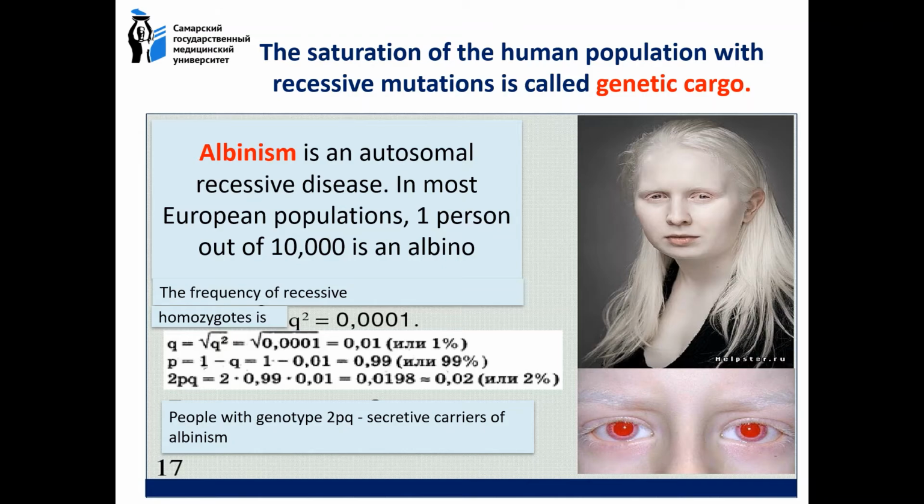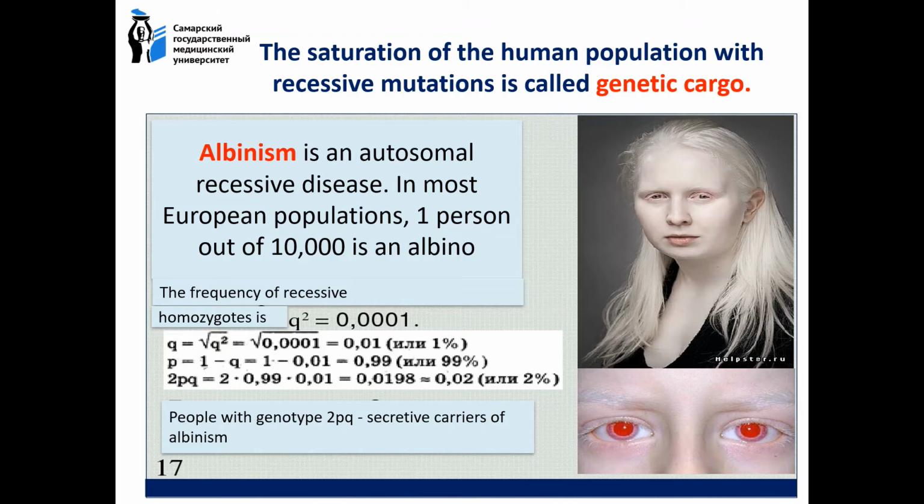So 2pq equals 2 times 0.99 times 0.01 equals 0.018198, so about 0.02 or 2%. People with genotype 2pq are secretive carriers of albinism.